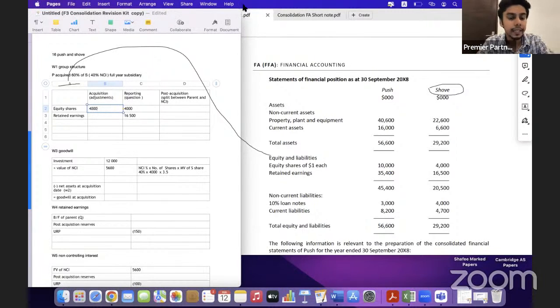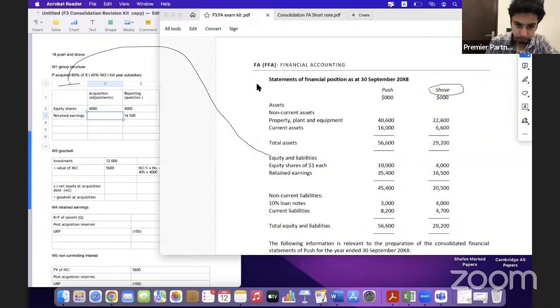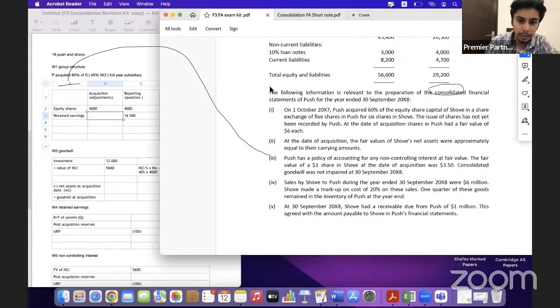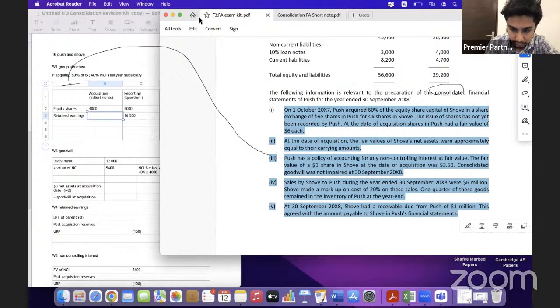Retained earnings is where you have to adjust it. Normally, retained earnings, usually they will give it in the adjustment. Now in this paper, can you see Roman numbers 1, 2, 3, 4, and 5? In all these, did we ever get the retained earnings at the acquisition date?